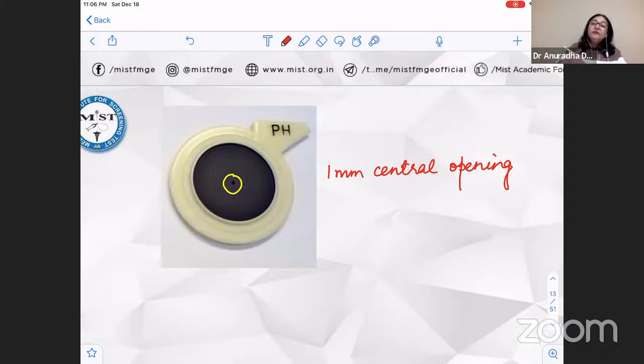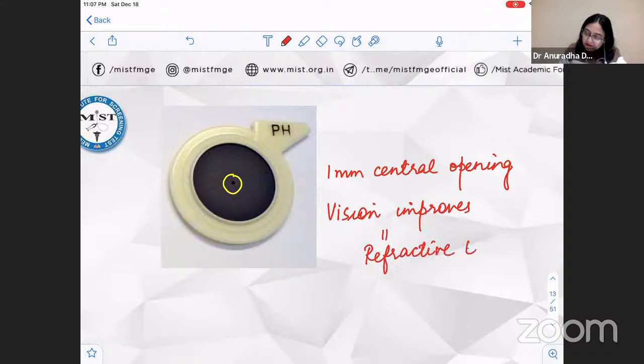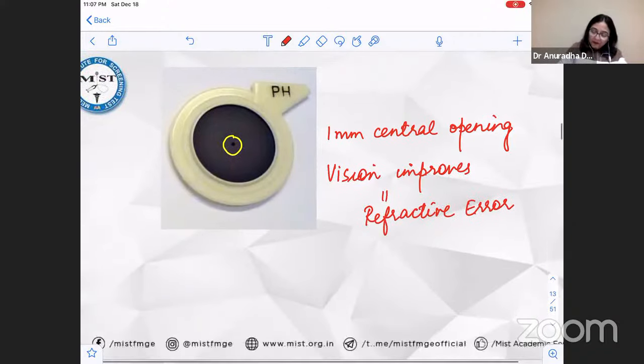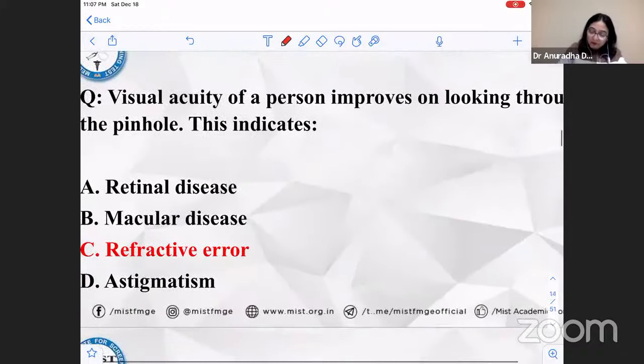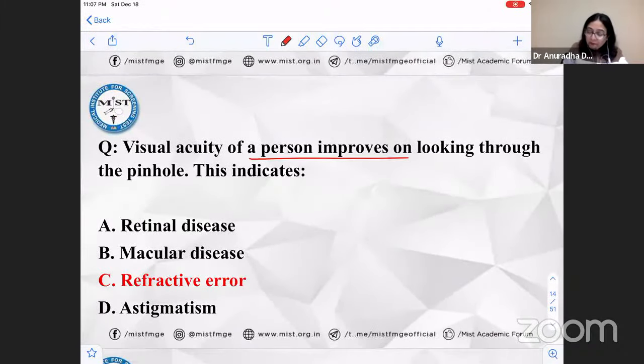But in reverse, if the central retina is diseased, that is, if there is disease of the macula, then the visual acuity will decrease. So if vision improves on pinhole, that indicates refractive error. If it decreases, that indicates macular disease, right? So here, visual acuity of a person improves on looking through the pinhole, which indicates a refractive error.